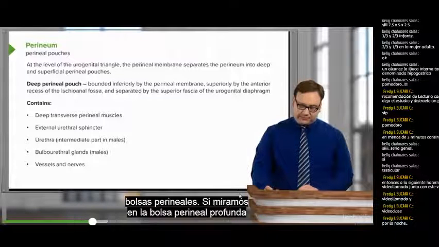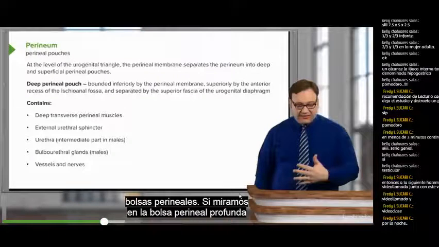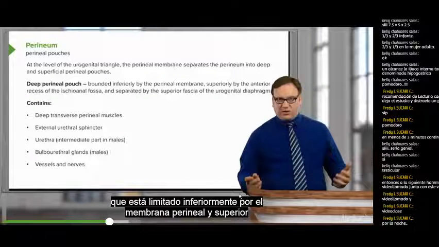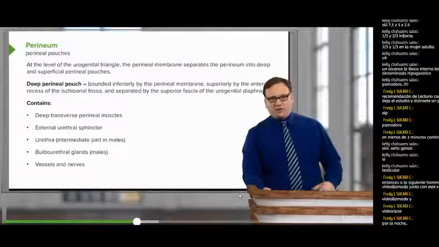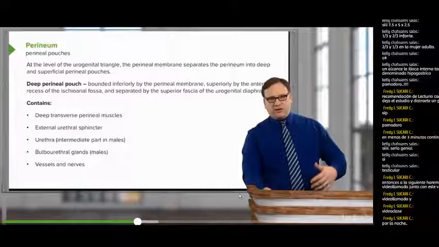If we look at the deep perineal pouch, that is bounded inferiorly by the perineal membrane, and superiorly, it contains the anterior recess of the ischioanal fossa. Ultimately, most superiorly, we'd have the levator ani muscles.